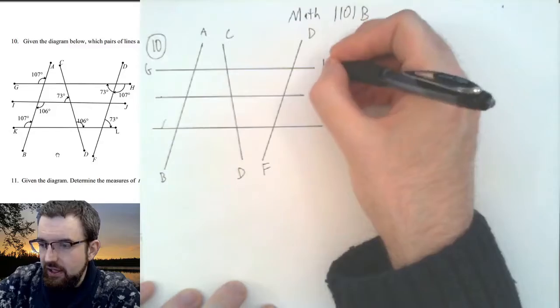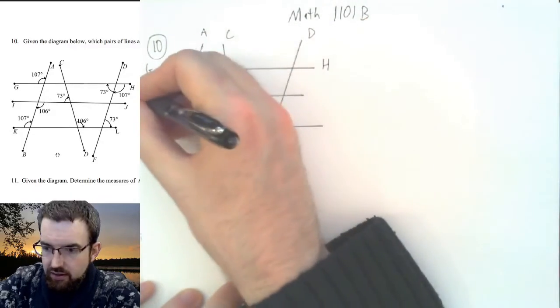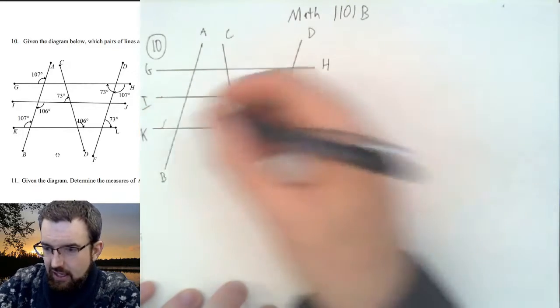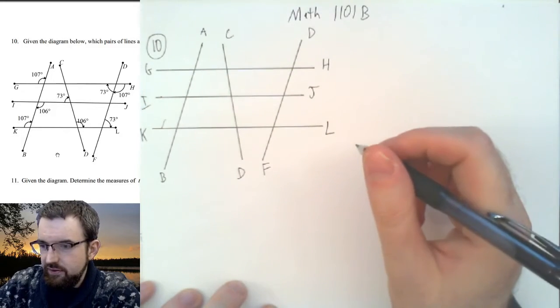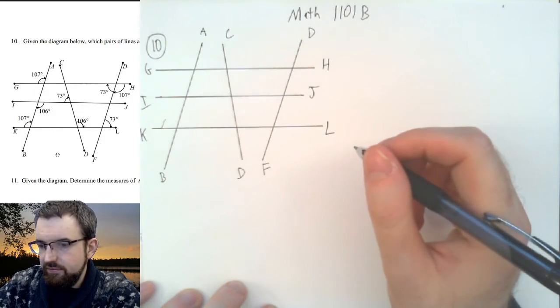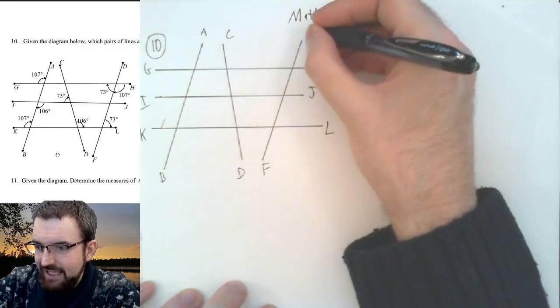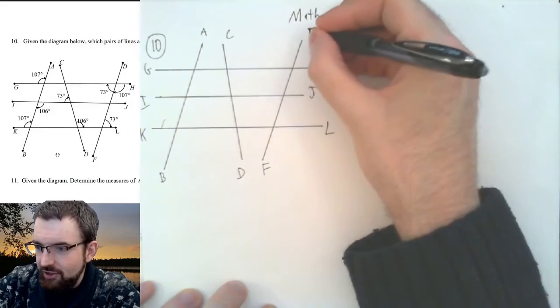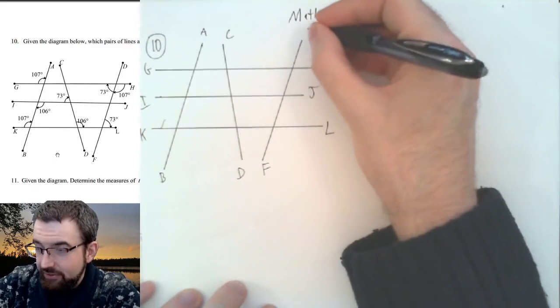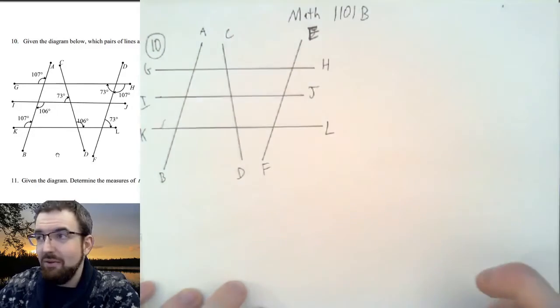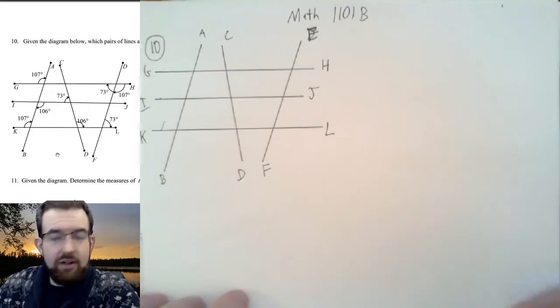GH, IJ, and KL. So this is supposed to be an E here. I'm going to go ahead and say that that was a typo. That was just an easy mistake. Somebody accidentally put the wrong letter in up there.